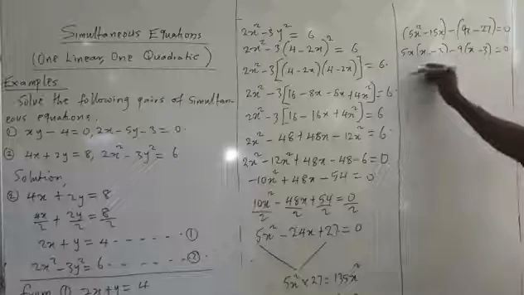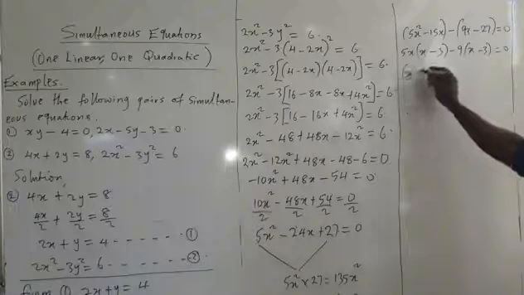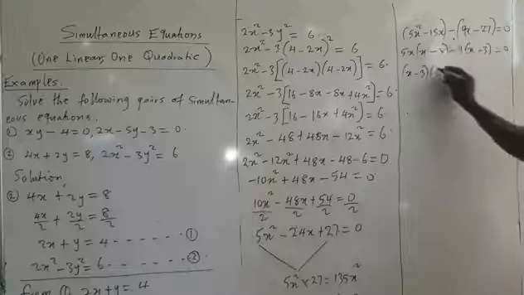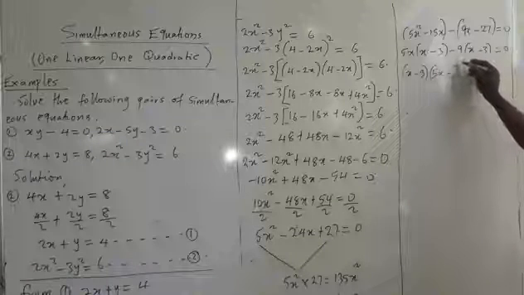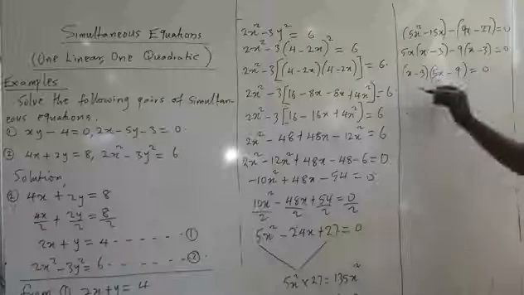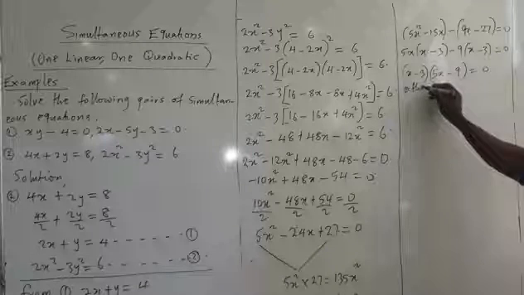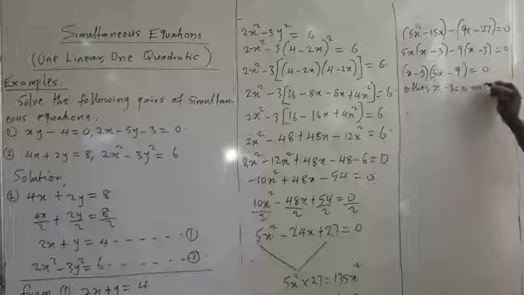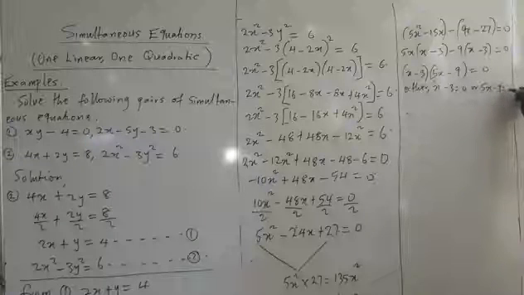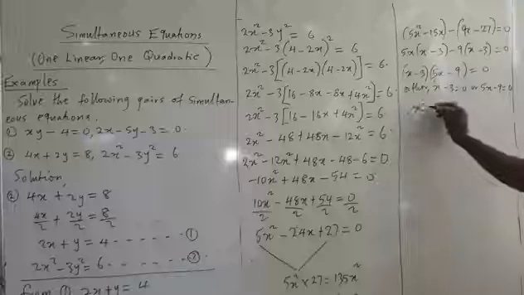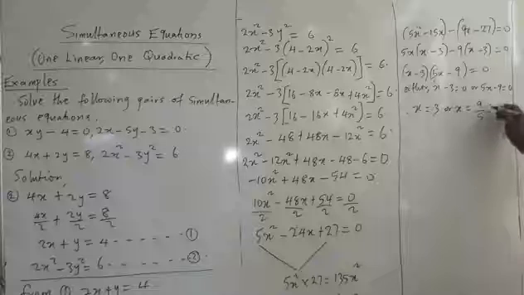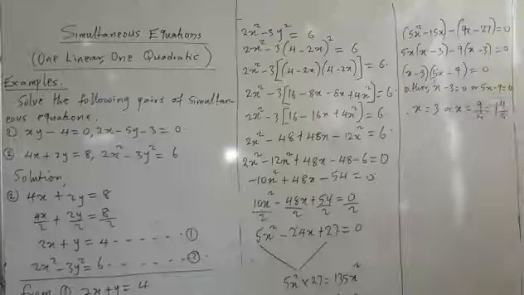So to factor out one of x minus 3, we have x minus 3 and 5x minus 9 equals 0. So you can now say either x minus 3 equals 0 or 5x minus 9 equals 0. So we have x equals 3 or x equals 9 over 5, which is one whole number 4 over 5. So these are the values of x.